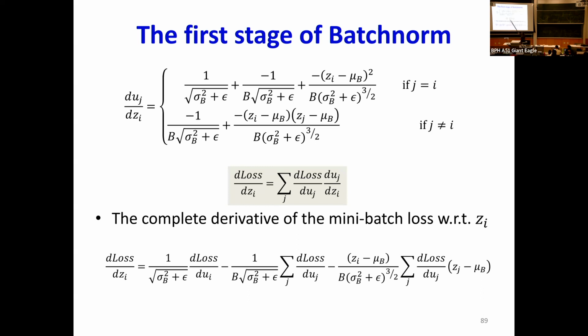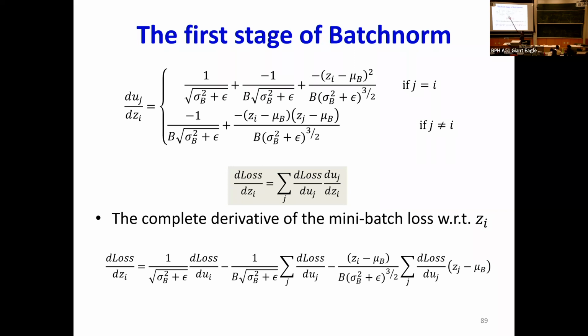yeah, that's for the second term, this one, right? 1 over b times the square root of sigma squared, and the summation of the loss with respect to uj for the entire term. Now the third term, I can write the sum jointly in this kind of complicated manner.